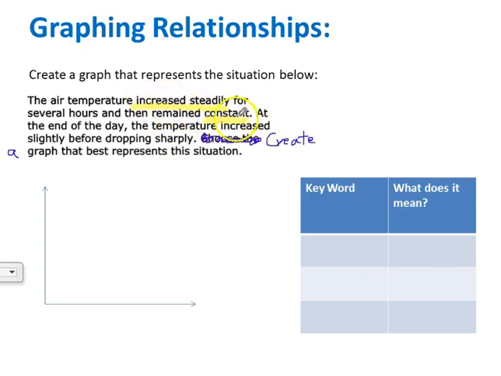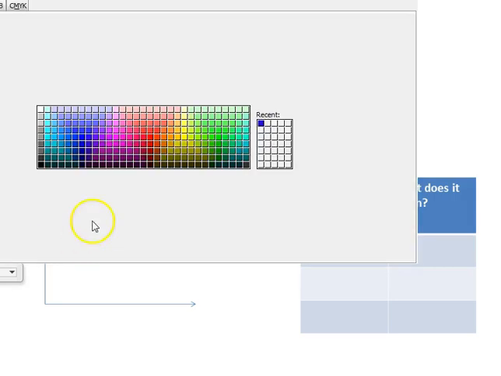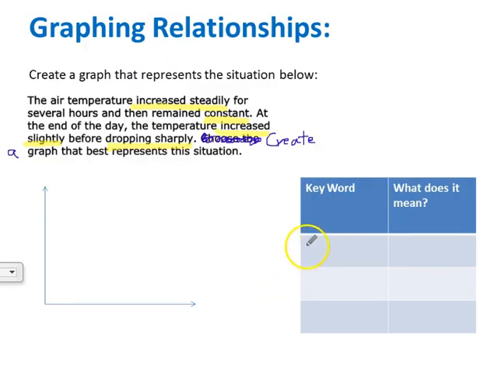So let's continue. At the end of the day, the temperature increased slightly before dropping sharply. Okay, so there's our keywords. We got them all highlighted, and let's write them down in this chart over here. Let's change color. So the first keyword was increased steadily.